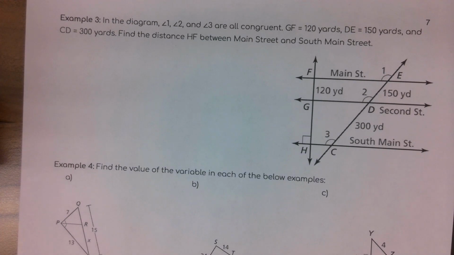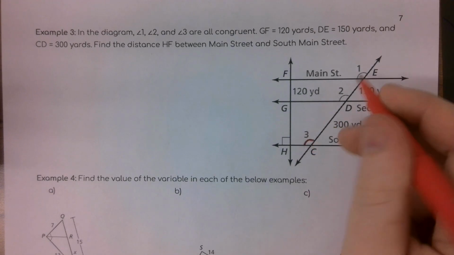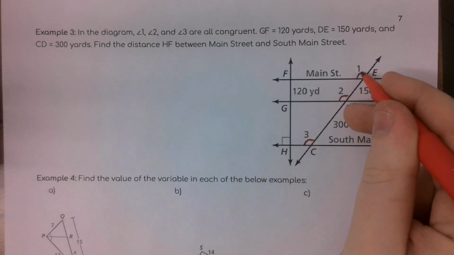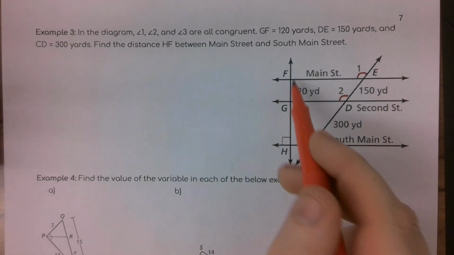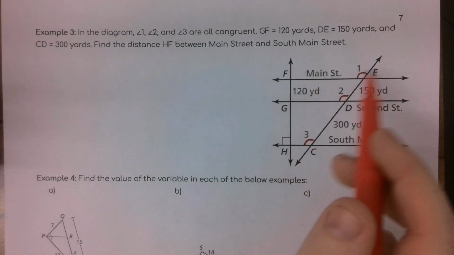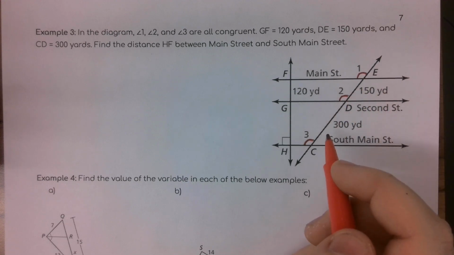In this diagram, for example 3, we know that angles 1, 2, and 3 are congruent. Cool. We are also given some lengths of streets here. GF is 120, DE is 150, and CD is 300.